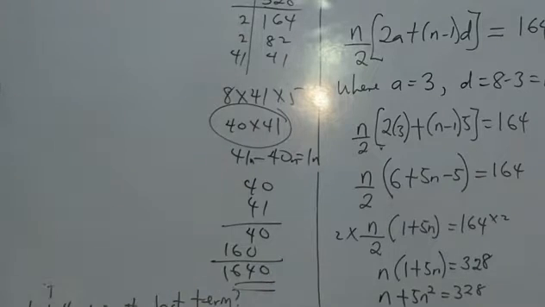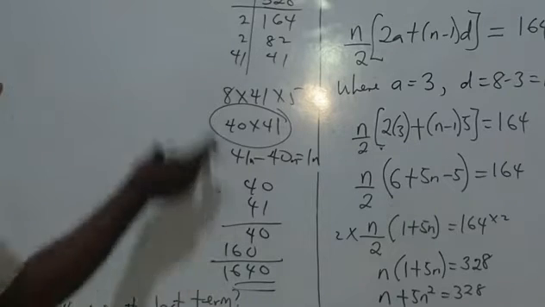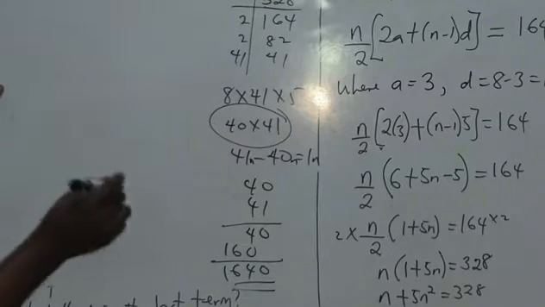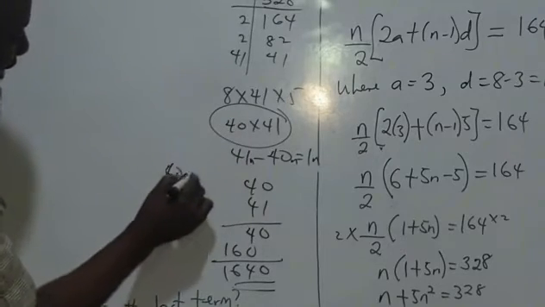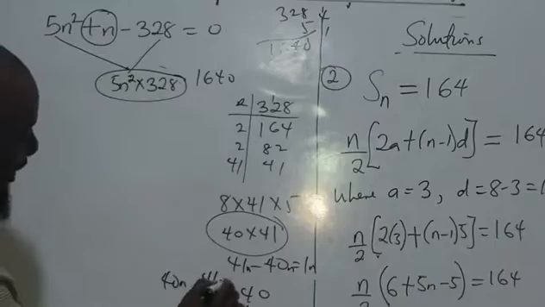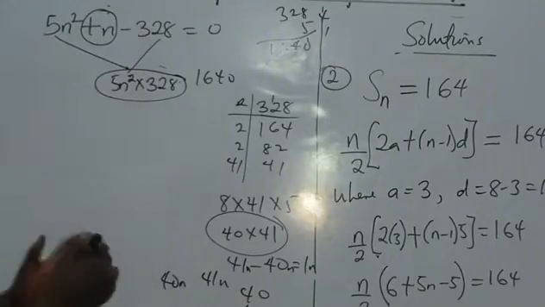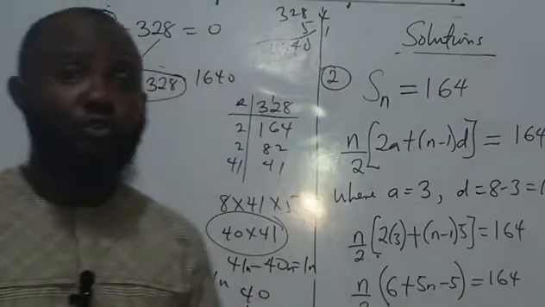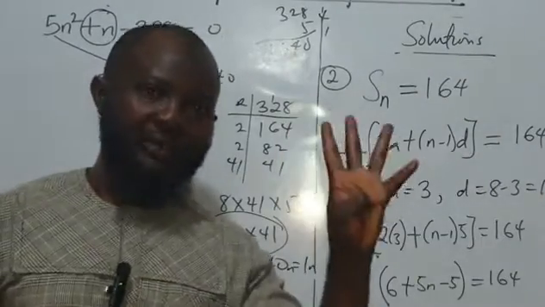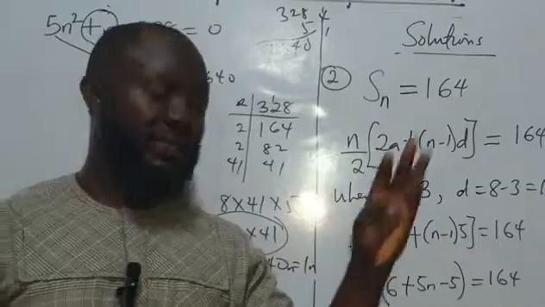You can see we have 1640, which is still the same thing as this one, right? So in that case, we are going to make use of 40n and 41n to replace the middle term. So it means that these 3 terms will now turn to 4 terms. So from there we can then factorize.